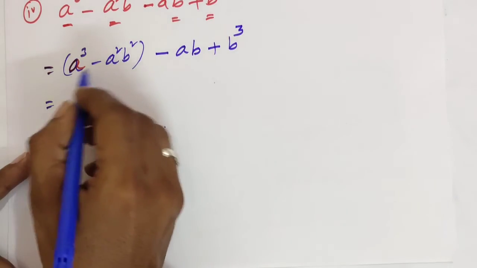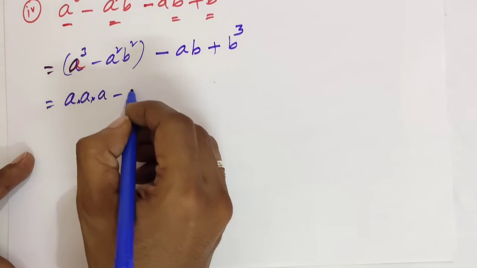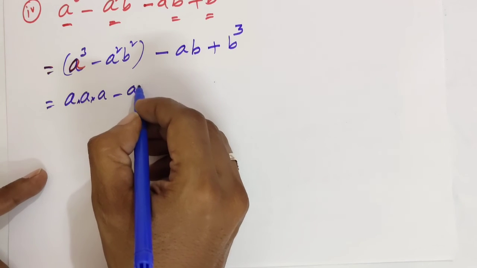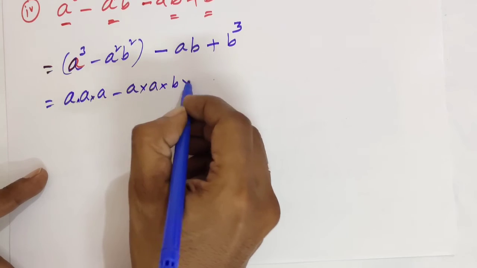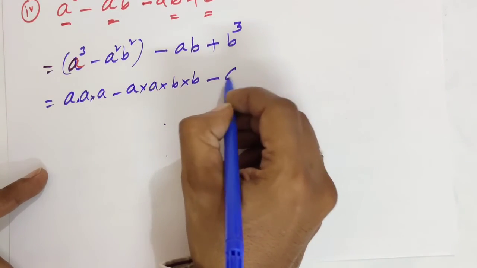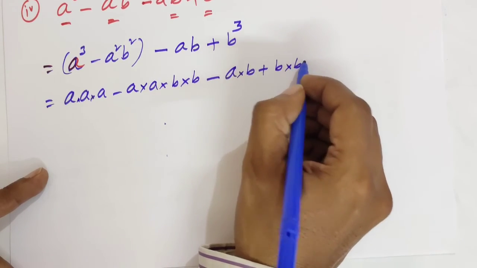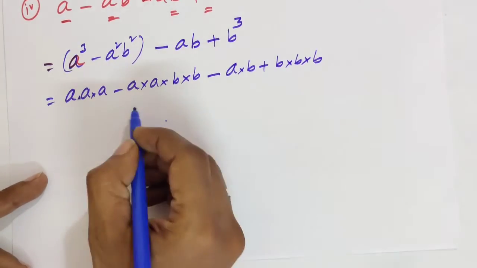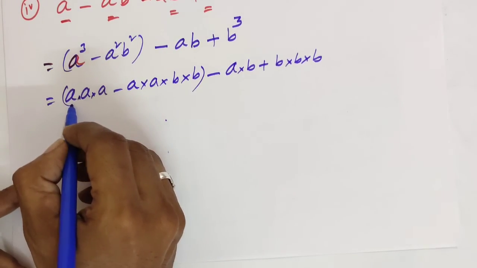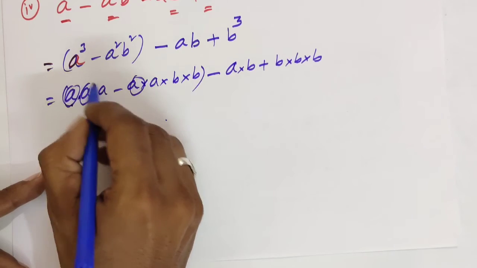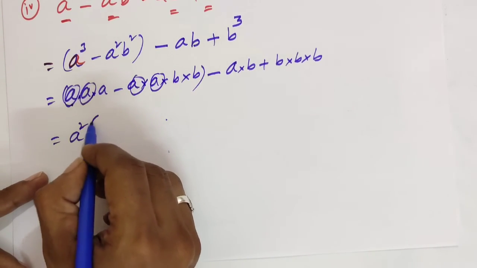Now this a cube can be expanded as a into a, minus this a square b square as a into b, minus this ab, a into b, plus b into b. Now from both the first two terms we can take common a and again a, that is a square is common, so take it outside.